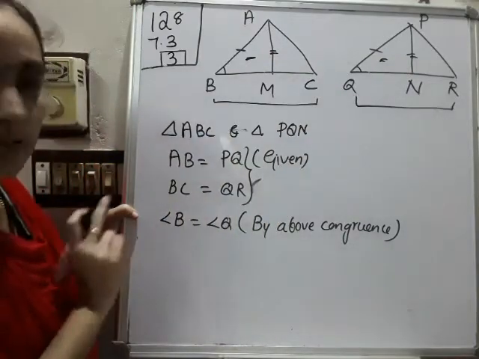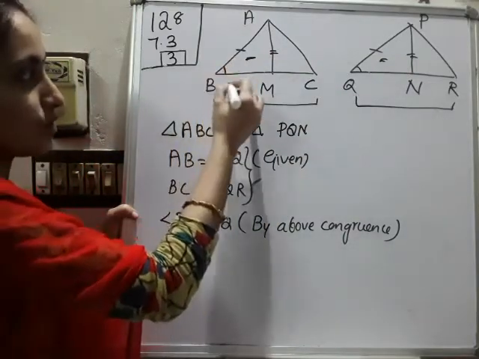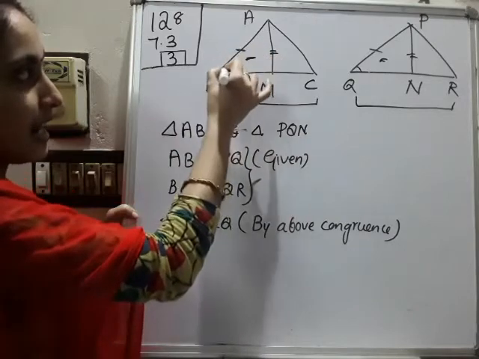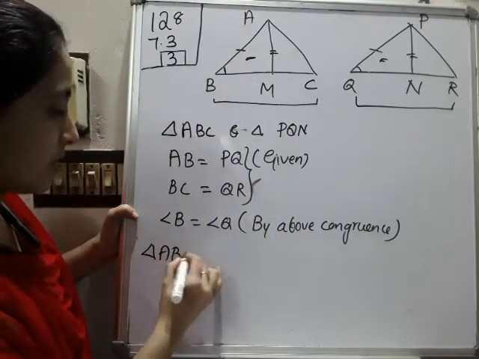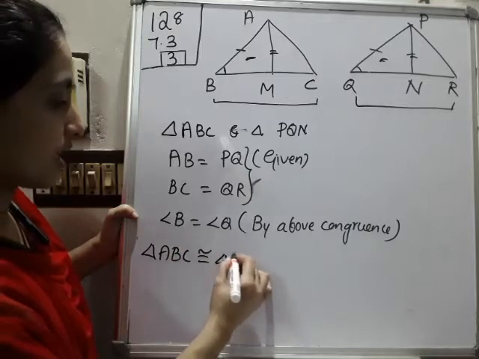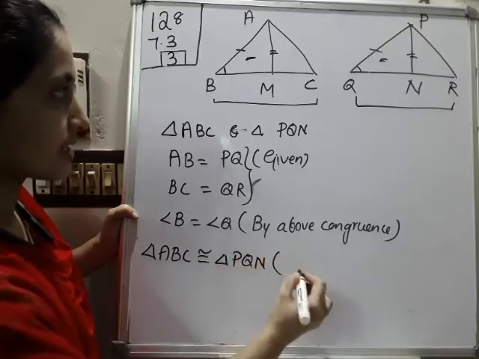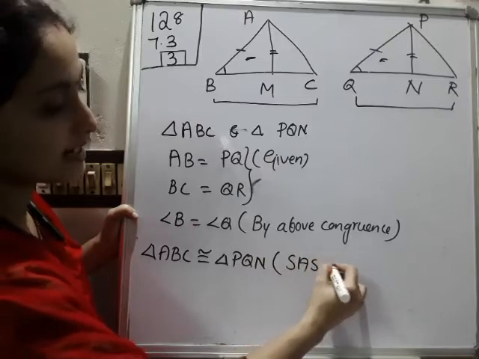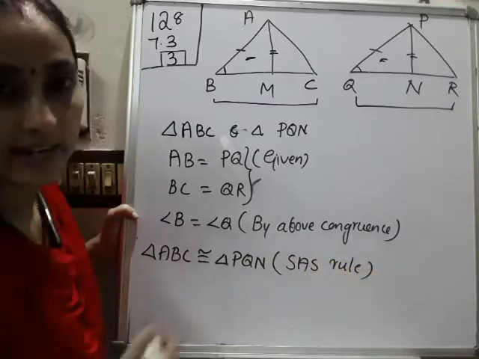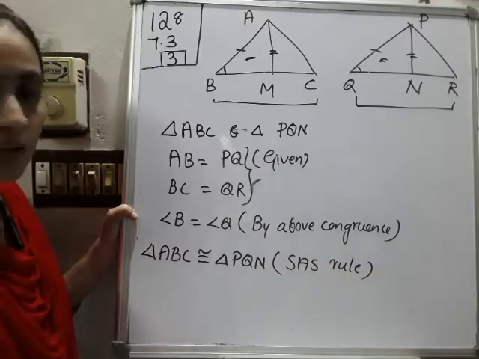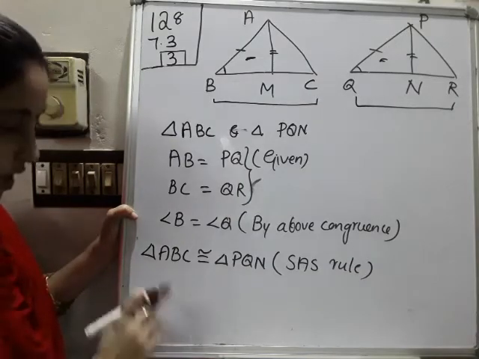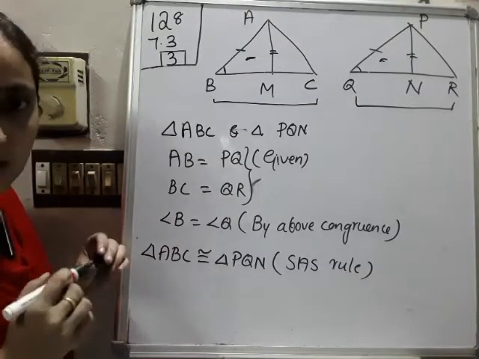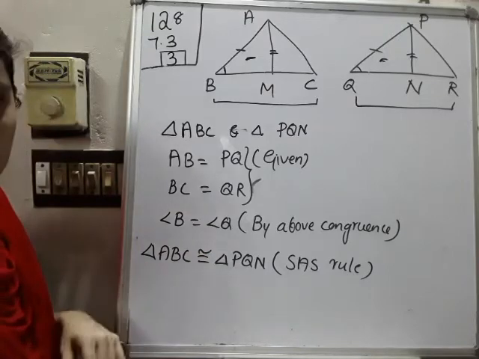So we can write angle B is equal to angle Q. So this is side, angle, side. Triangle ABC is congruent to triangle PQN, reason SAS rule. That is our second part. We have to prove triangle ABC congruent to triangle PQN by SAS rule.